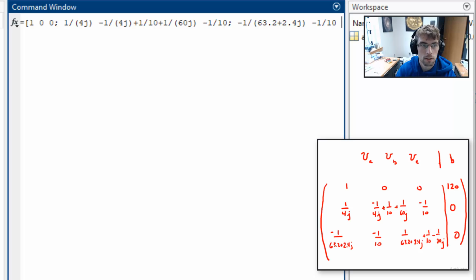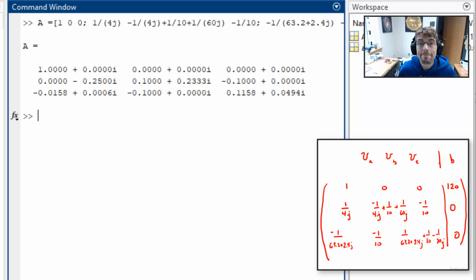Next one, here we go, 1 divided by (3.2 plus 2.4j), plus 1 over 10 minus 1 divided by 20j. Close parenthesis. There we go. Again, it automatically sticks everything into Cartesian coordinates for us. Let's put b in.